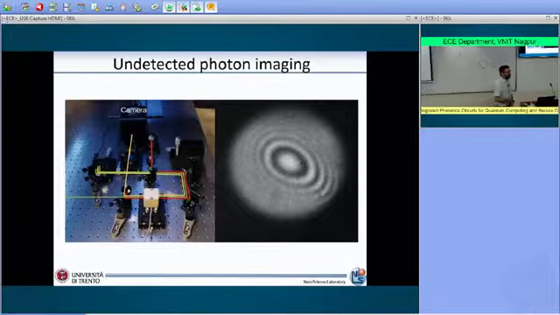And so this is one of the experiments that Anton Zeilinger was proposing and demonstrating. So Anton Zeilinger, Nobel Prize winner. So you see why he has got the Nobel Prize. And the experiment here is an experiment that is done in the lab.